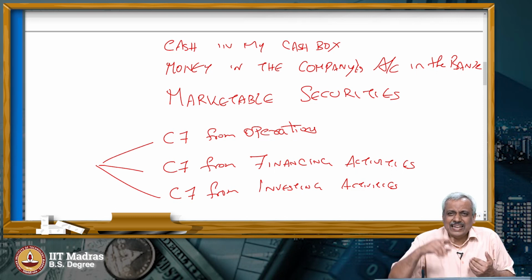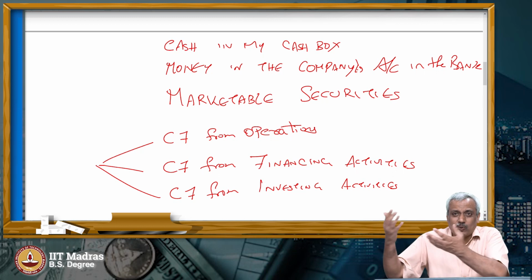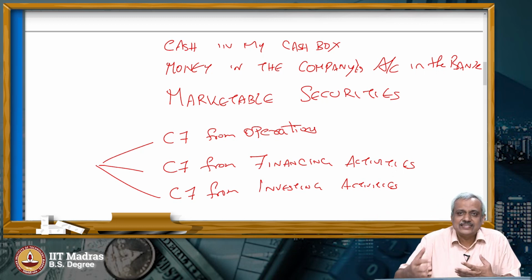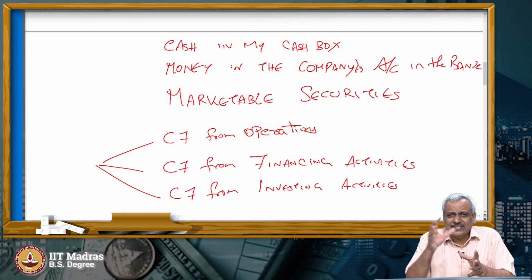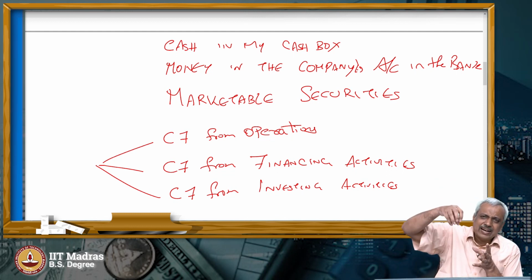The asset on which I have invested, I have disposed of that asset and I have generated cash. So there is a cash inflow occurring because of an investing activity. So when we look at investing activity, there is money going out and money coming in.